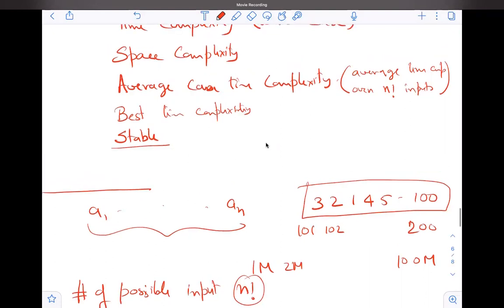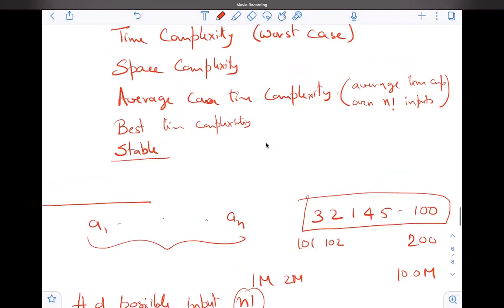Now, there is also something called in-place sorting. This is related to the amount of space that you are going to use, and whether you are really creating something new or just doing it on the fly.